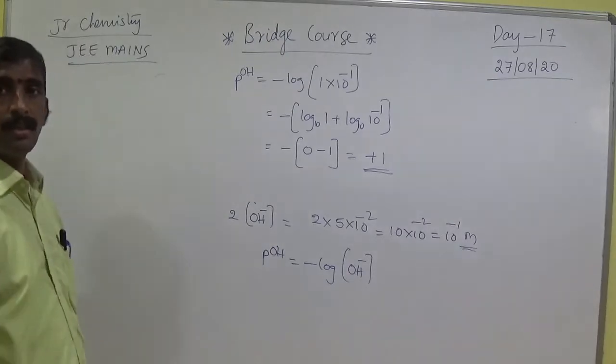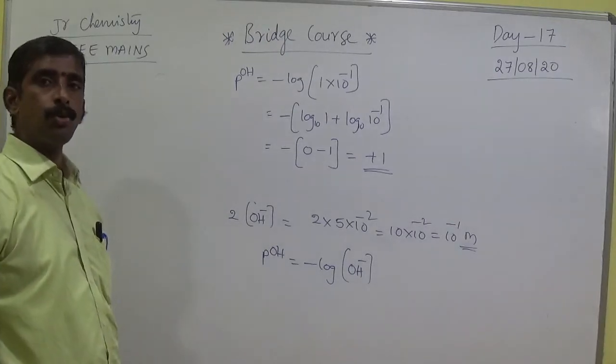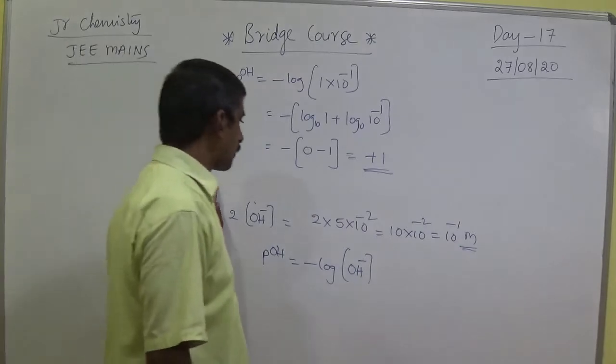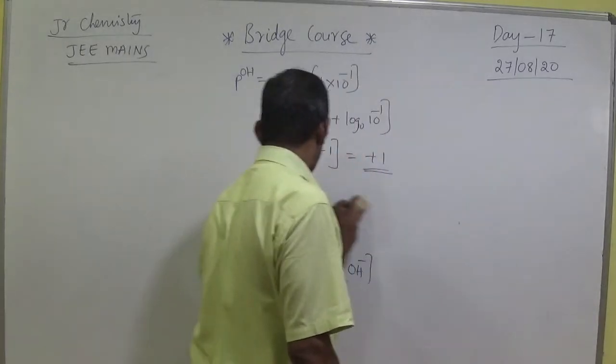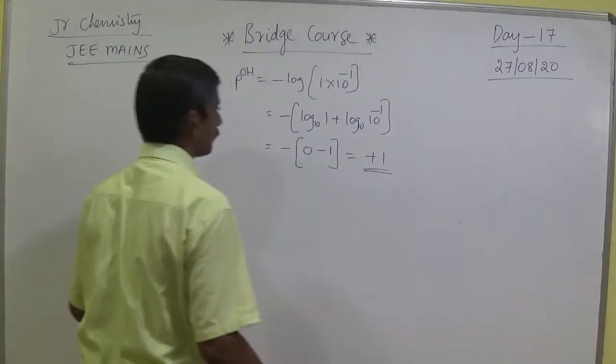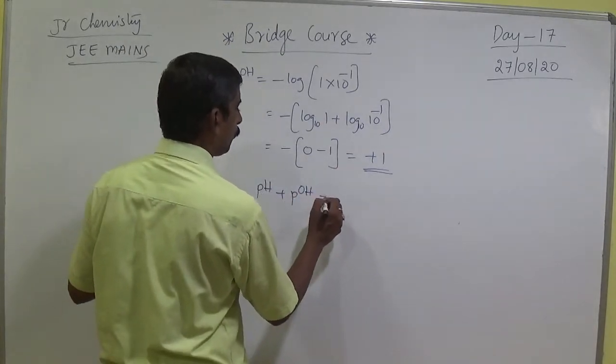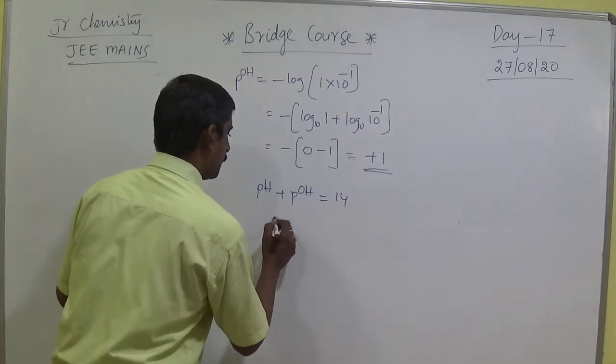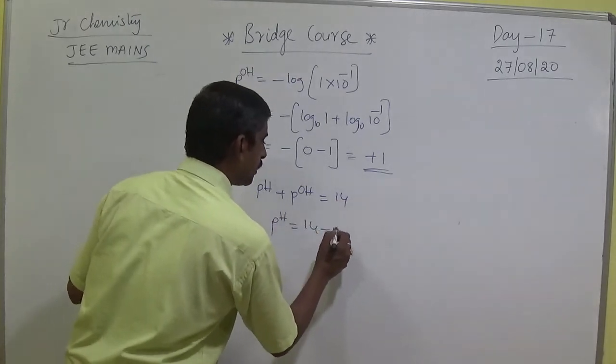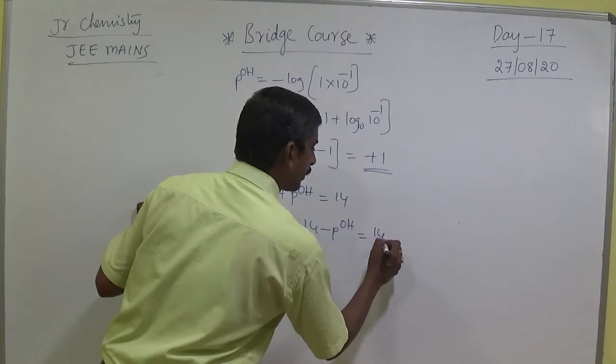They asked for the pH of the barium hydroxide solution. So pH plus pOH equals 14, then pH equals 14 minus pOH, that means 14 minus 1.